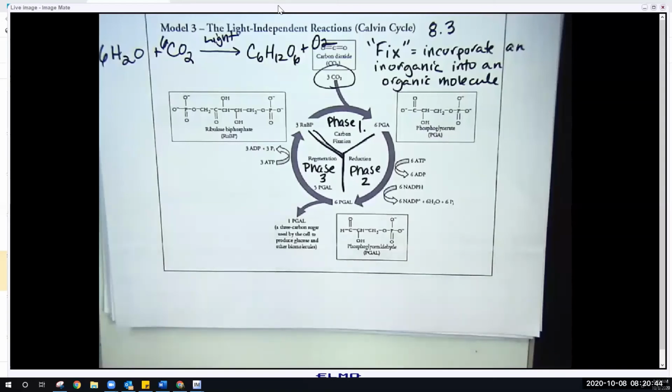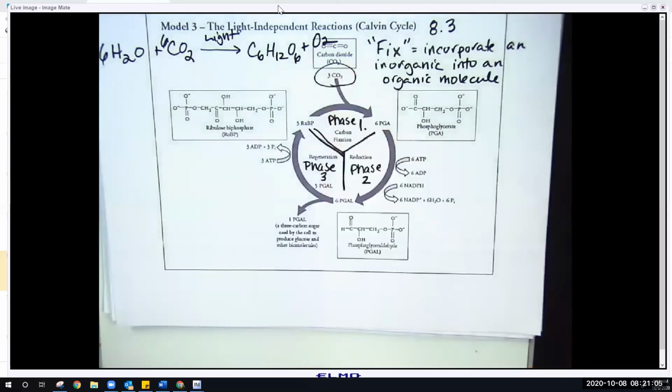We talk about organic molecules all the time in AP Bio because we talk about nucleic acids, proteins, and lipids, and all of those have a carbon backbone, so they're organic molecules. The only molecule that has carbon in it that's not considered to be organic is carbon dioxide. Everything else that has carbon in it is considered to be an organic molecule. So carbon fixation means that we're taking carbon dioxide gas and incorporating it into an organic molecule, into a larger carbon-based molecule.